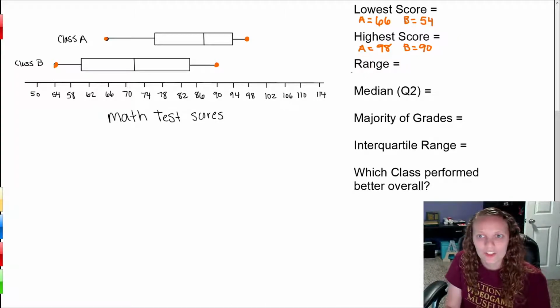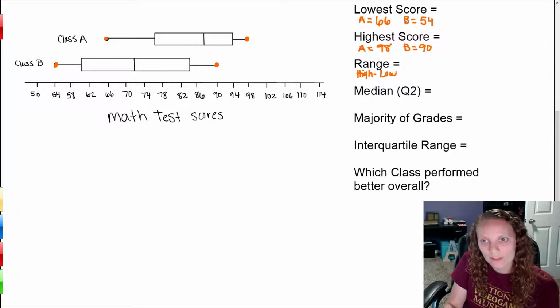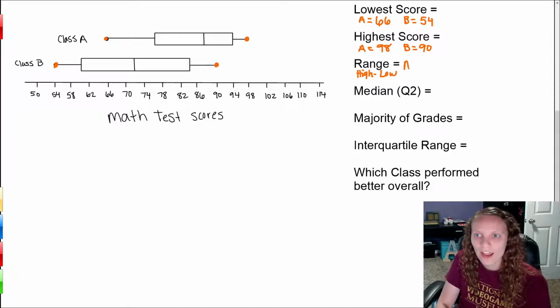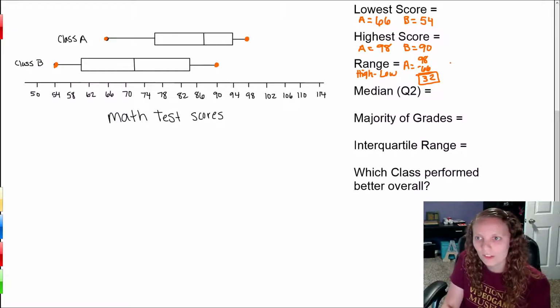Now the range, remember the range is the highest number minus the lowest. For A, we take the highest score of 98 and subtract the lowest score of 66, and that is equal to 32. So A has a range of 32.